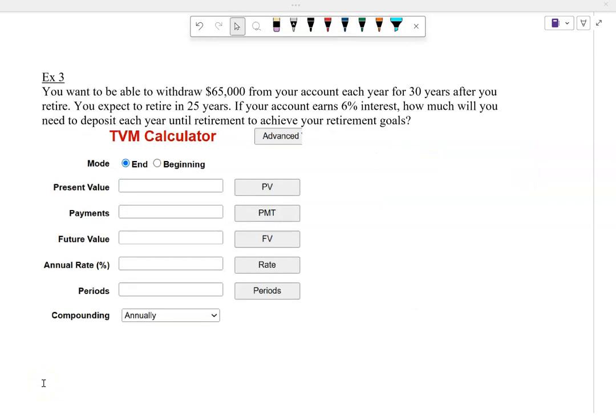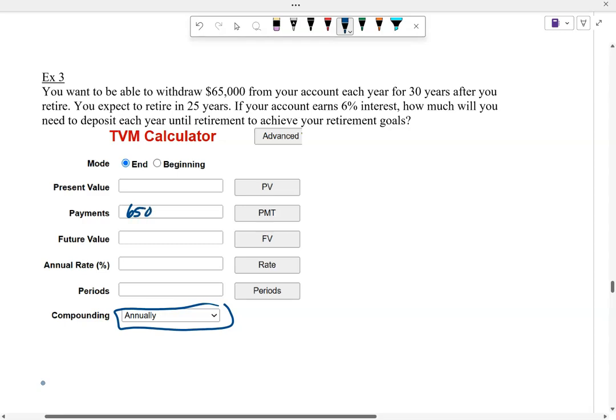All right, so this time you want to be able to withdraw $65,000 from your account each year for 30 years. So annually, every year you're going to take out $65,000. And you expect to retire in 25 years. So once a year, for 30 years, I want to drain this.